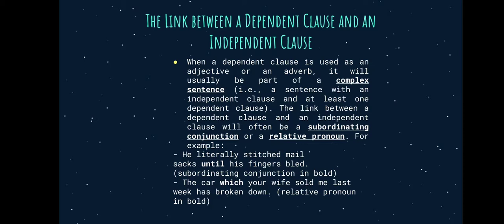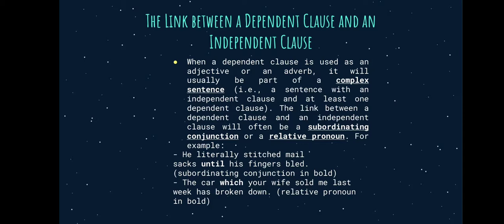When a dependent clause is used as an adjective or an adverb, it will usually be part of a complex sentence, that is, a sentence with an independent clause and at least one dependent clause. The link between a dependent clause and an independent clause will often be a subordinating conjunction or a relative pronoun.